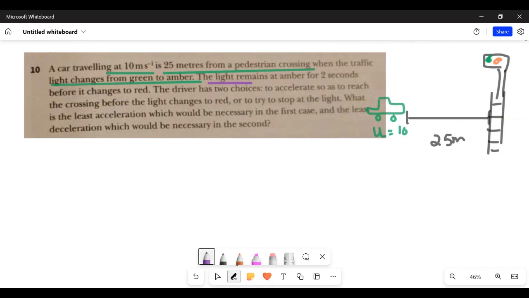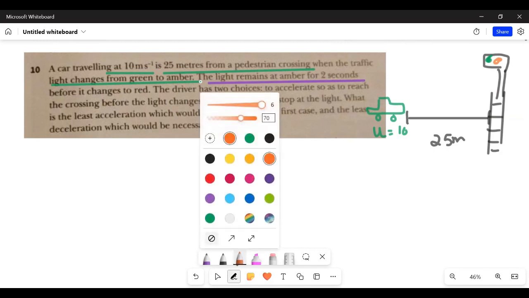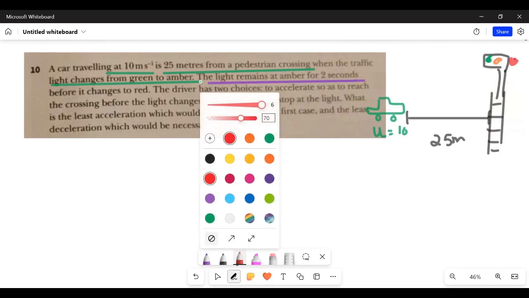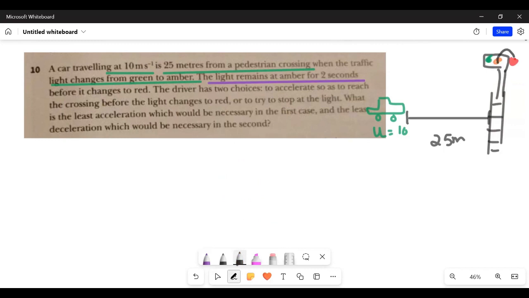The light remains at amber for 2 seconds before it changes to red. Oh, okay, then it changes to red. So within 2 seconds, the light will switch from orange to red. The driver has two choices: to accelerate so as to reach the crossing before the light changes to red.